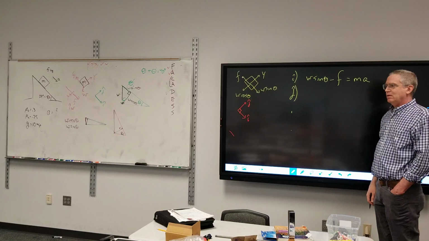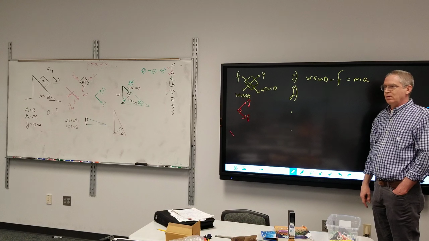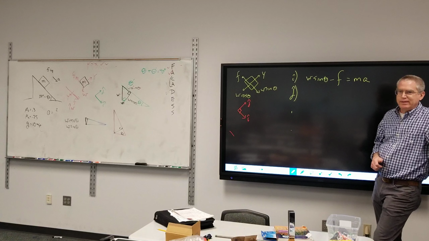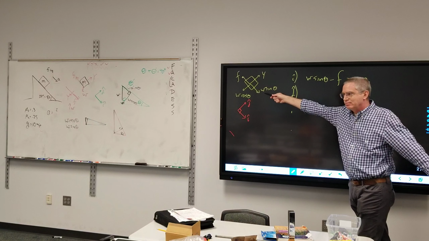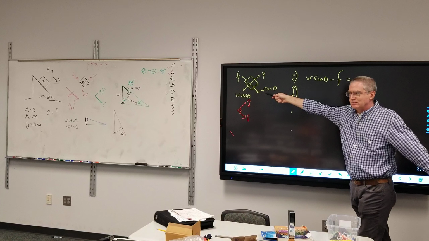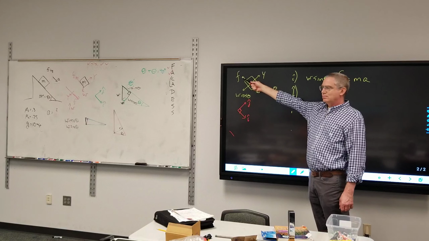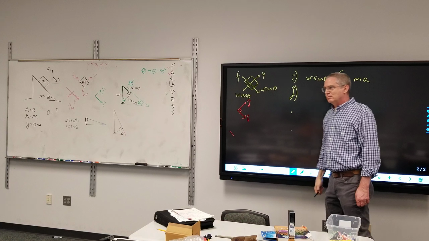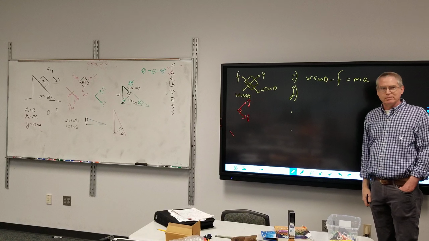You take the positive force in the direction of the I hat, which in this case would be the W sine theta, minus the opposite direction of force, which is friction, equals mass times acceleration in that direction.